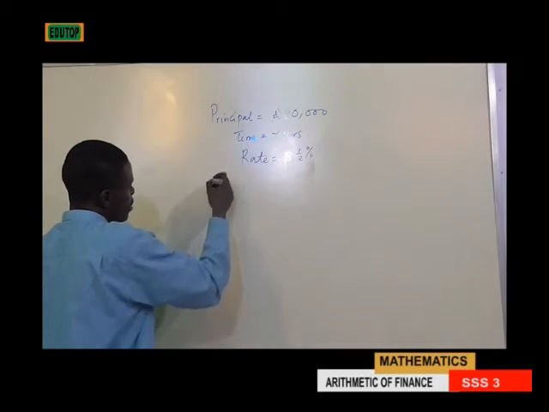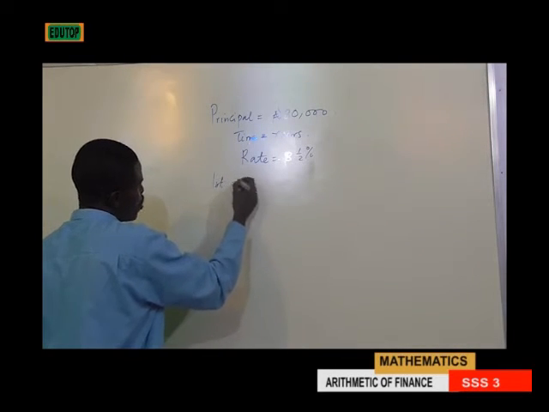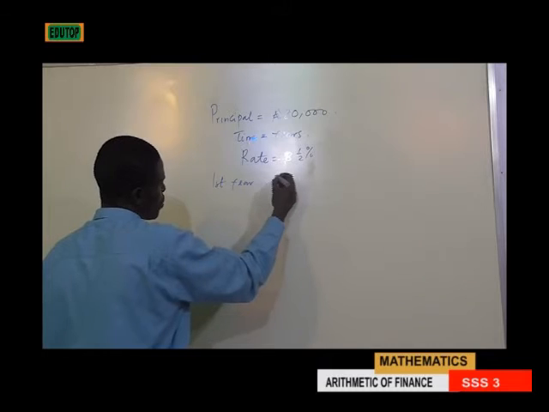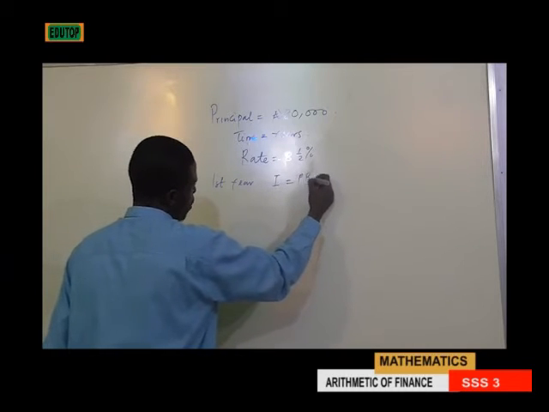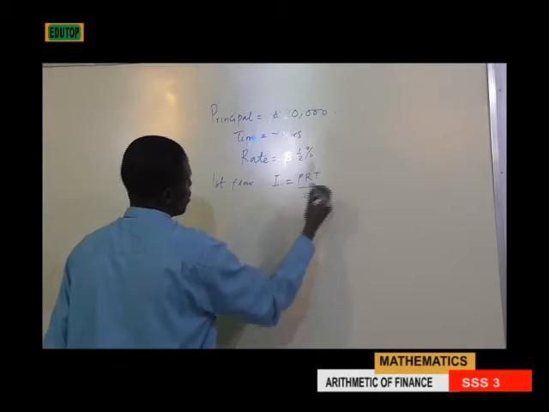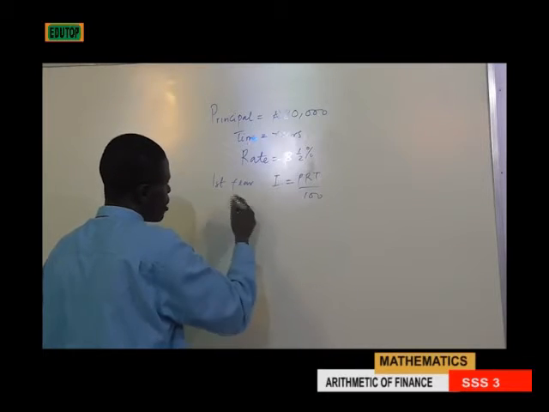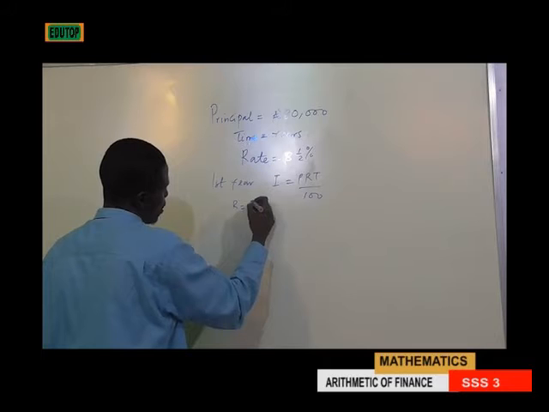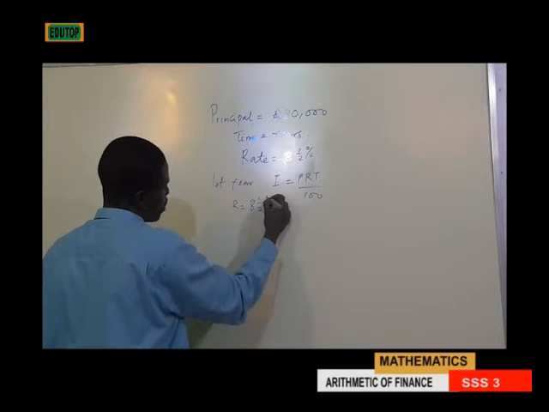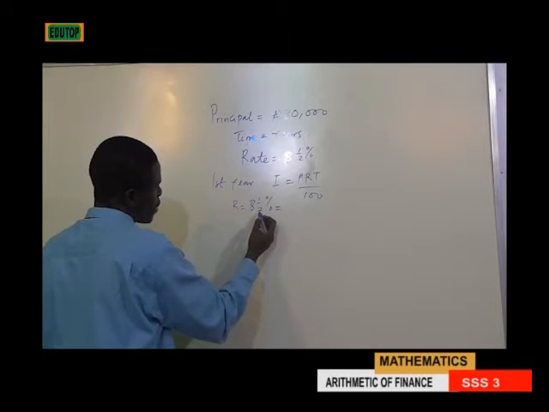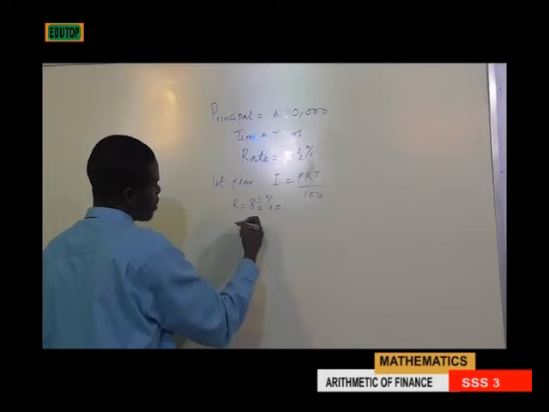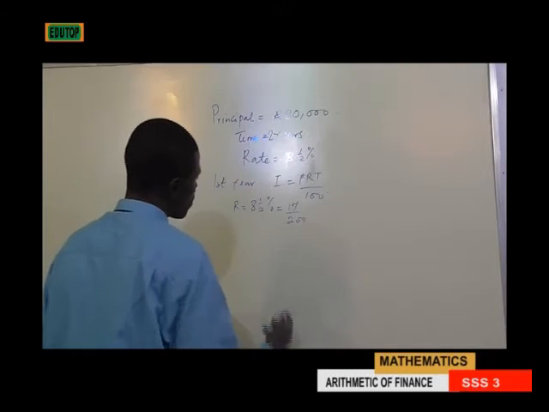So to determine the compound interest, we calculate for the first year using the formula for the simple interest, which is I equals to PRT over 100. Now our principal is 80,000. Our rate is 8.5%, which, to convert this to an improper fraction, 2 times 8, 16, 16 plus 1, 17 over 200.